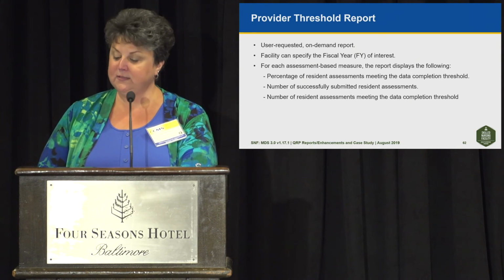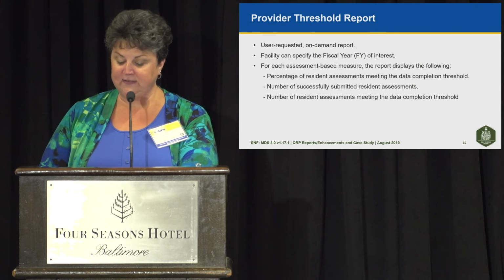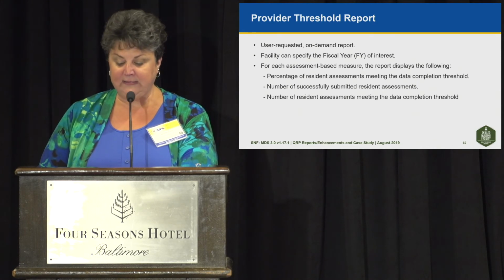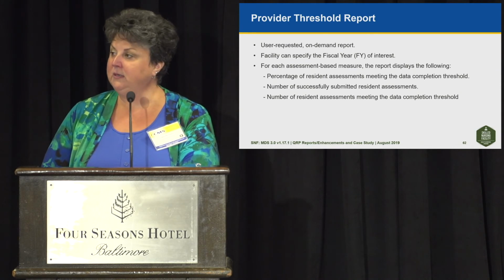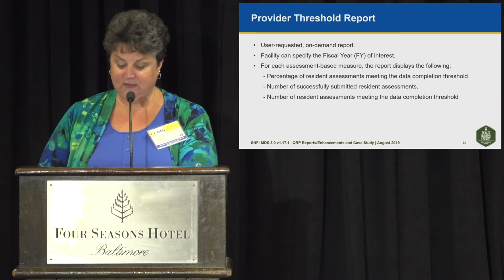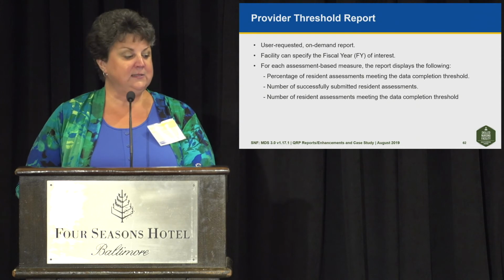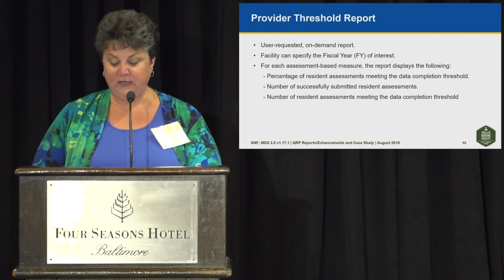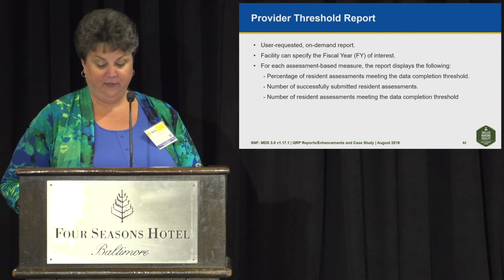For each assessment-based measure, the report will display the percentage of resident assessments that met the data completion threshold, the number of successfully submitted resident assessments, and the number of resident assessments, again, that met that threshold. The report will display these data points for each quality measure by year, by quarter, and by month.